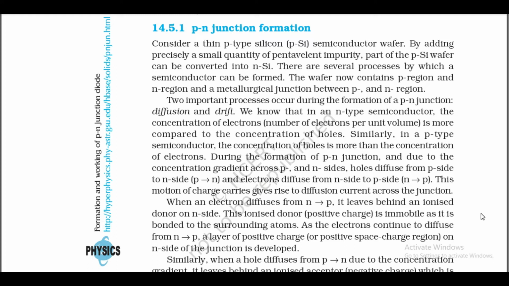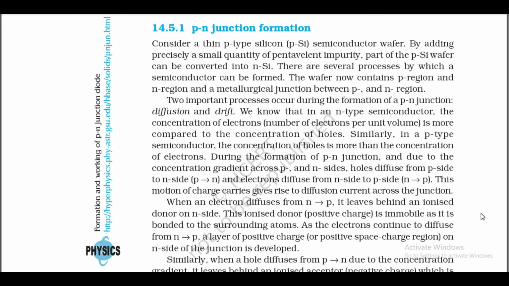Two important processes occur during the formation of a PN junction: diffusion and drift. We know that in an N-type semiconductor, the concentration of electrons, the number of electrons per unit volume, is more compared to the concentration of holes. Similarly, in a P-type semiconductor, the concentration of holes is more than the concentration of electrons.